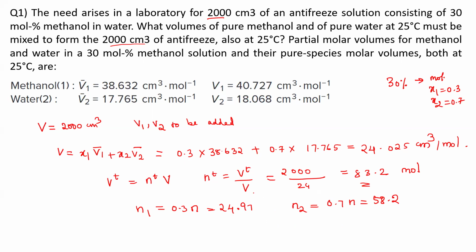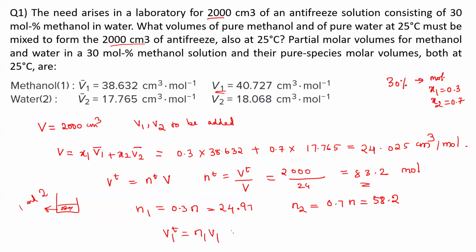Now, what is the total volume of each species in the added mixture? V1 total is equal to N1 into V1 bar, and this is given as 1017 centimeter cube.